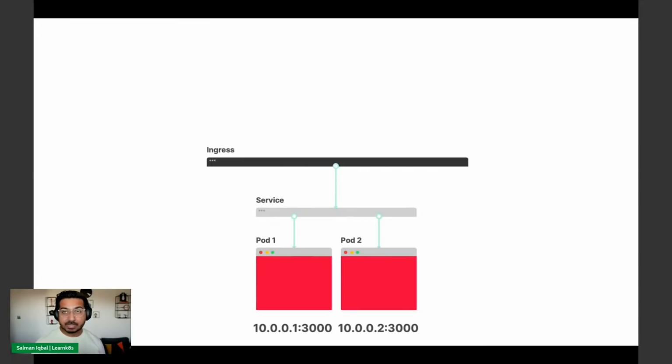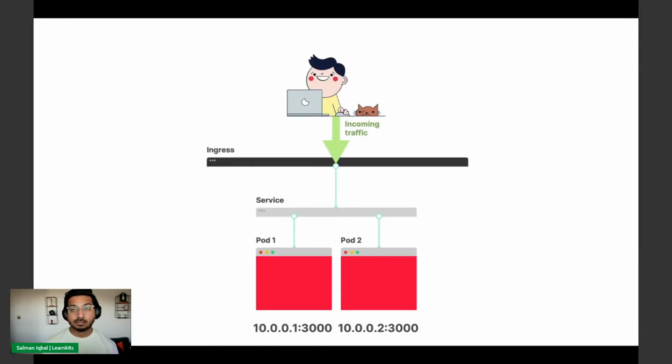But if we want to expose externally, we add a component called the Ingress, which allows users to send traffic and route it based on the request they're sending. So in the request, you could go to example.com/checkout, and it'll take you to a different service. Example.com/bin, it'll take you to a different service.